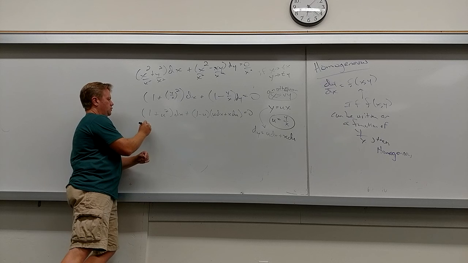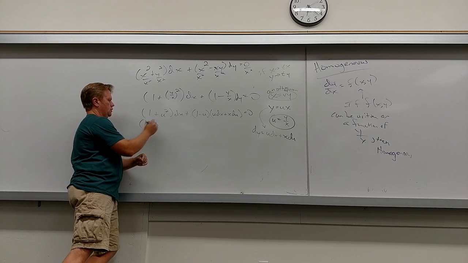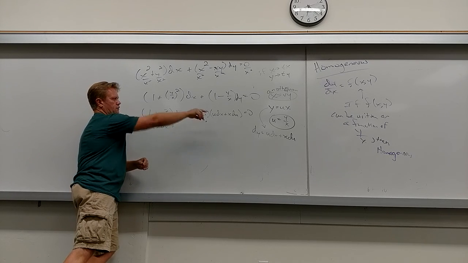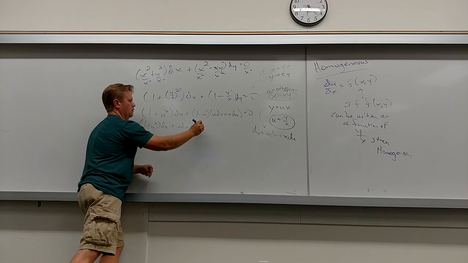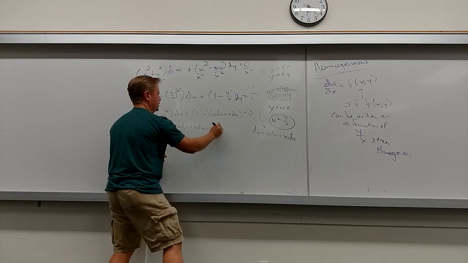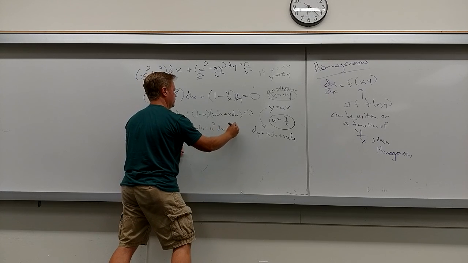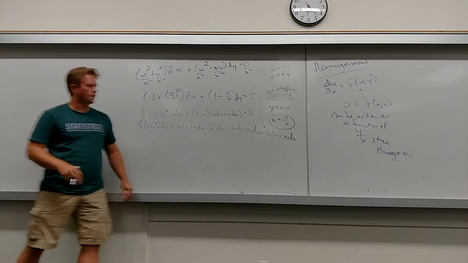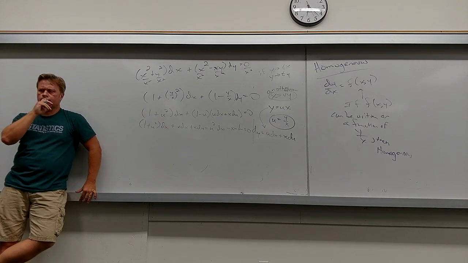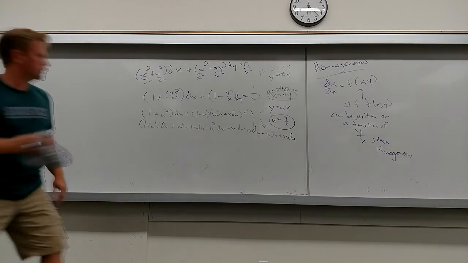So here I got 1 plus u squared dx plus, just distribute, u dx plus x du minus u squared dx minus xu du equals 0. Get rid of this. We don't need this here for right now.